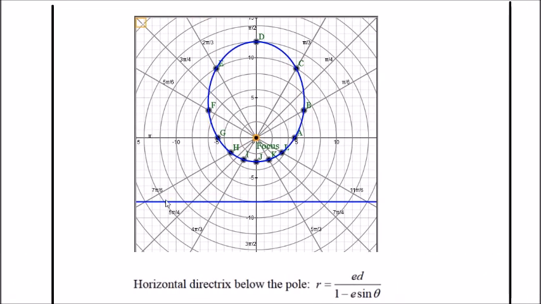If we have a horizontal directrix below the pole, then the equation for the ellipse will be R equal to ED divided by 1 minus E sine of theta.